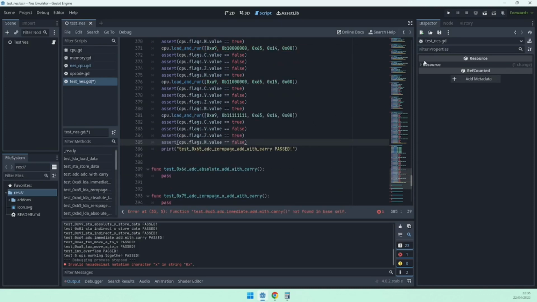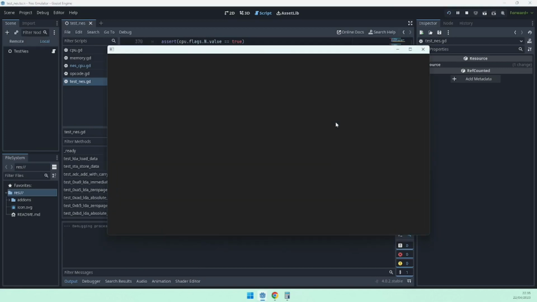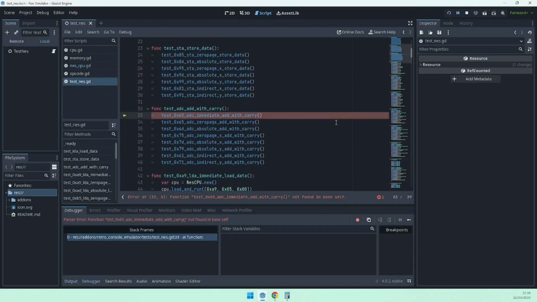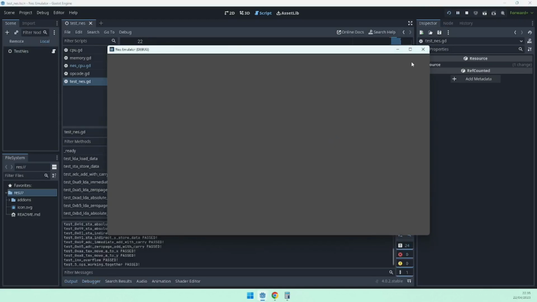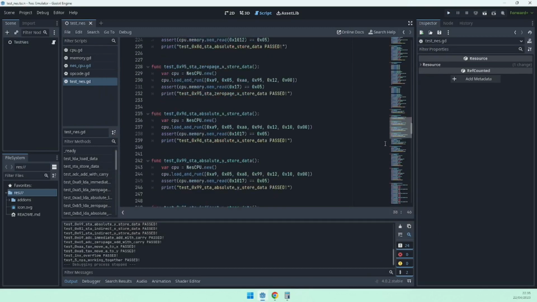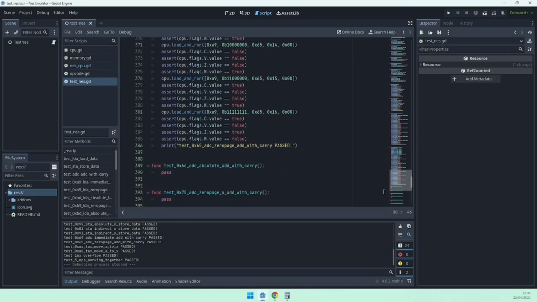And let's see if addressing mode works. I did something wrong. I replaced this one. Should be 69. Okay, and it still passes. Meaning our zero page is working fine.